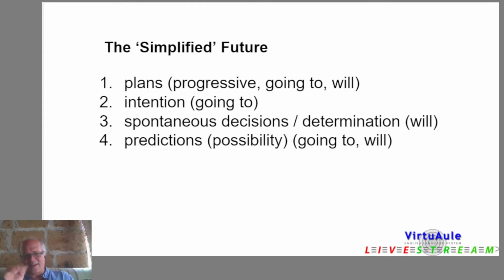The future is not so scientific. So, yes, in my opinion, if you are learning, this is where you make your decision. You decide where you use will, where you're using going to in a prediction. Okay, listen to people, listen to how they use it, and you will see that this is good advice.